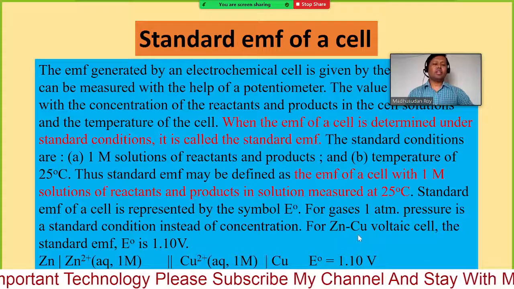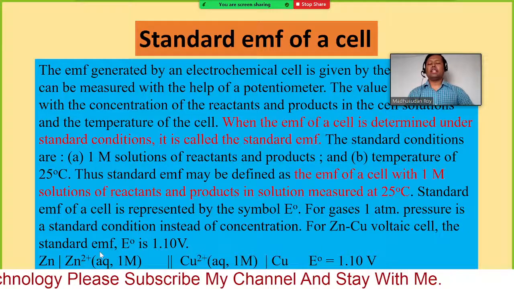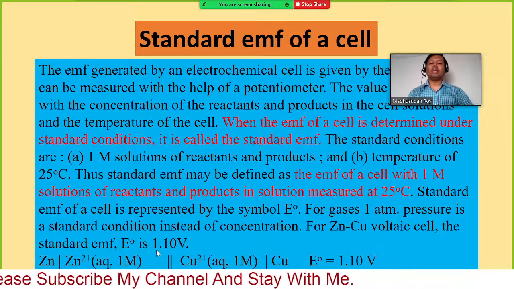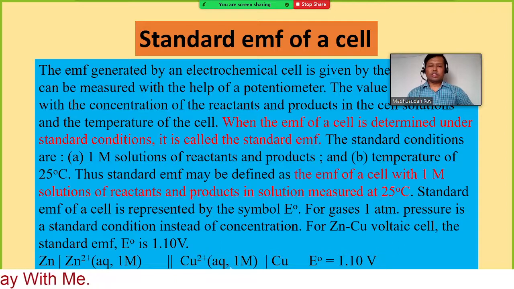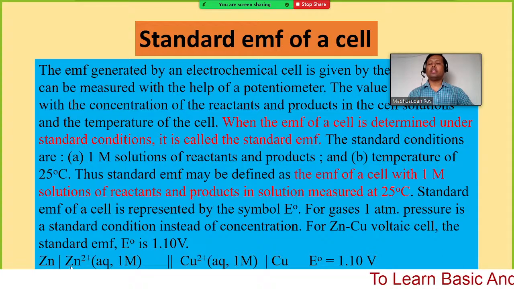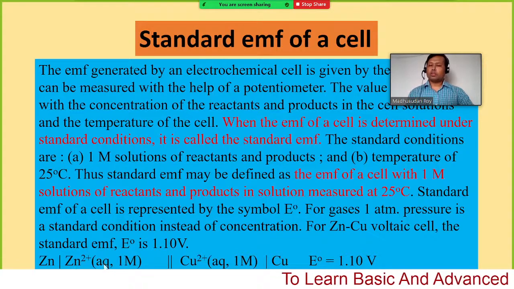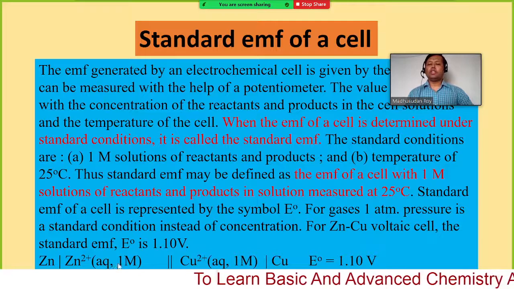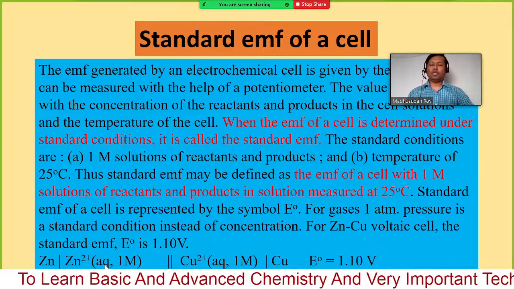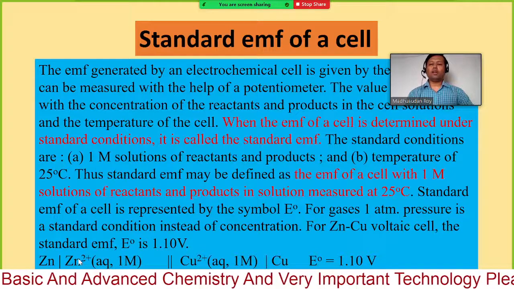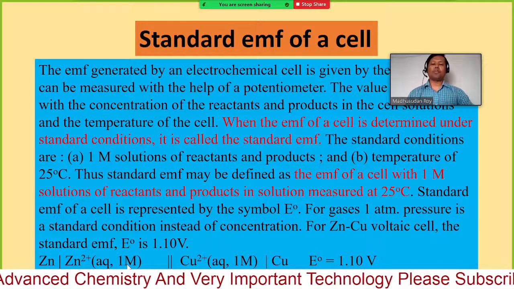For the zinc copper voltaic cell, the standard EMF E0 is 1.10 volt. So this is the cell representation. Zinc 2 plus, that means this is the electrode, this is the ion. What is the standard condition? This is in aqueous solution, that means liquid, and the concentration of the electrolyte is 1 molar.